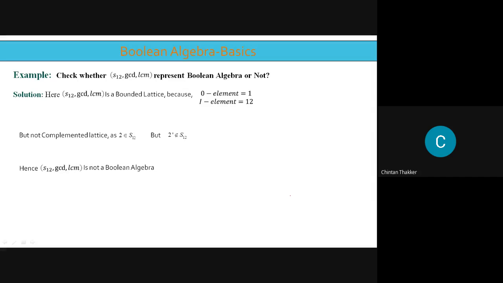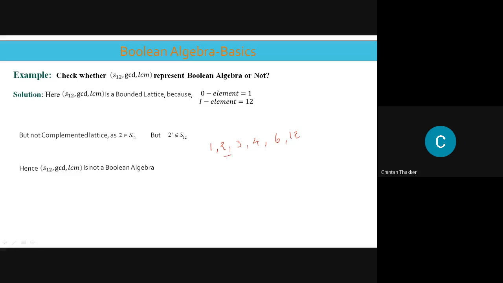Okay? Because in S12 the elements are 1, 2, 3, 4, 6 and 12.